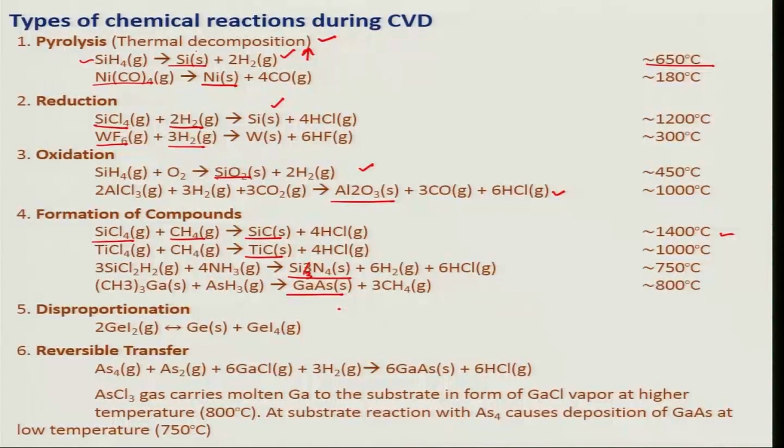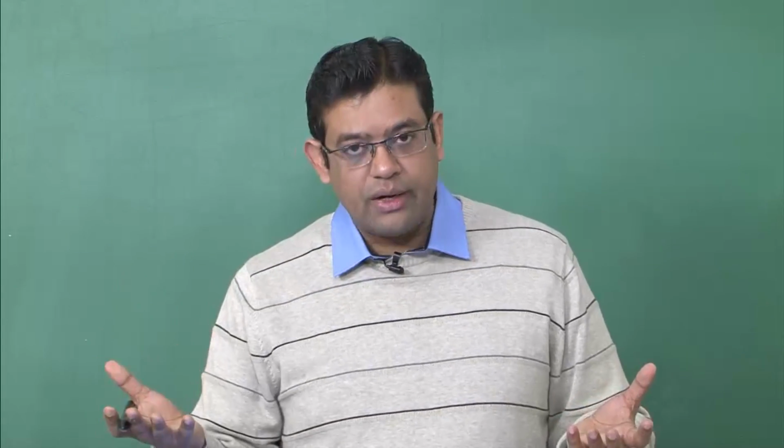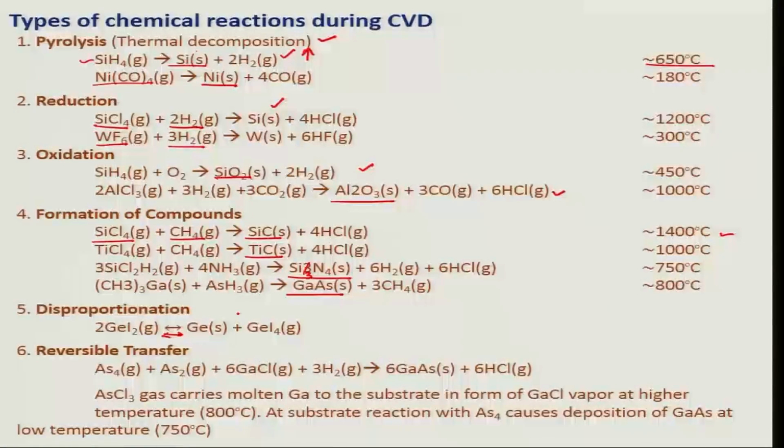You can also have a disproportionation reaction, such that this reaction goes in both directions, backward and forward. It depends on the temperature. If the substrate is slightly cooler, then this reaction may go forward, and from this gas you will get germanium and GeI4, tetraiodide, from diiodide. If your substrate temperature is higher, then you will get this reaction in the backward direction, and these two will combine to give you diiodide.